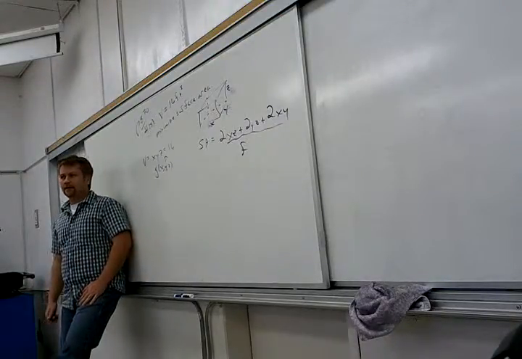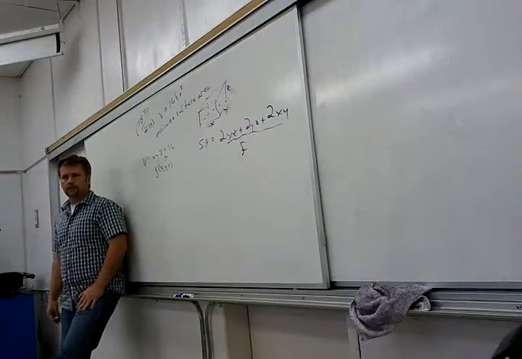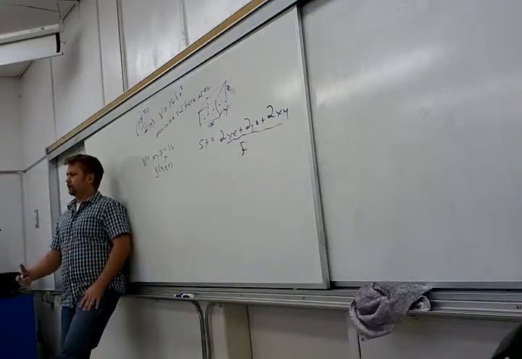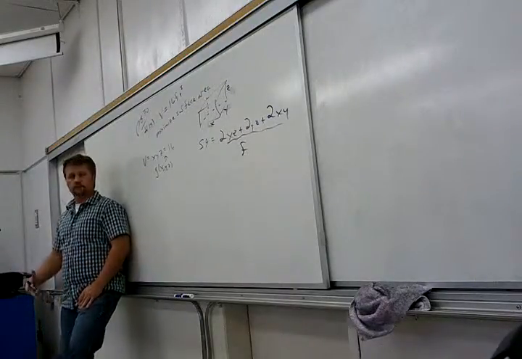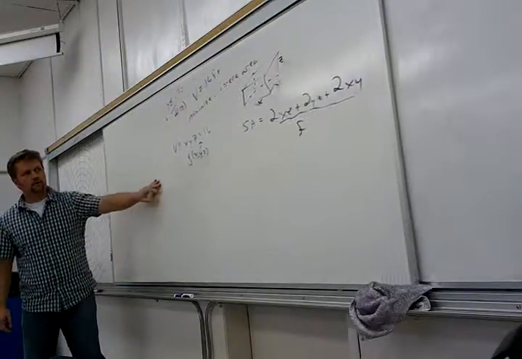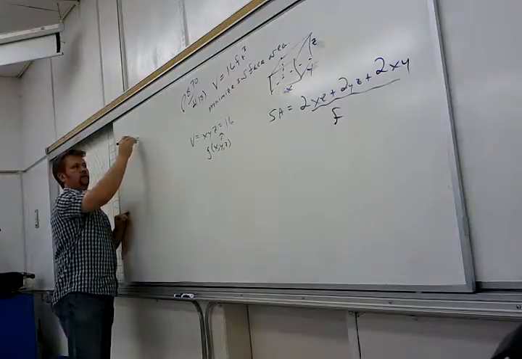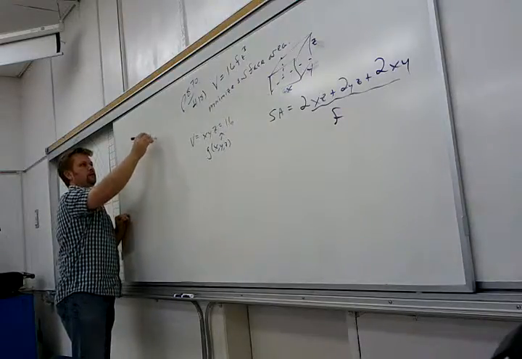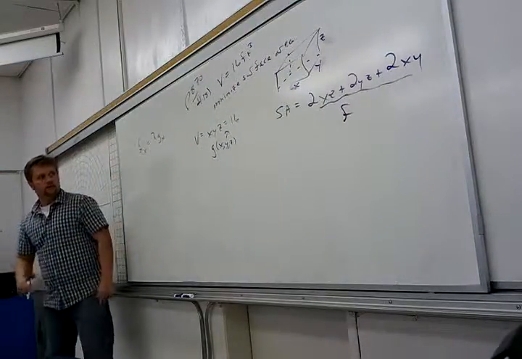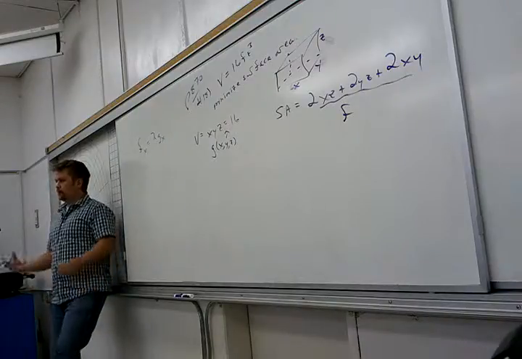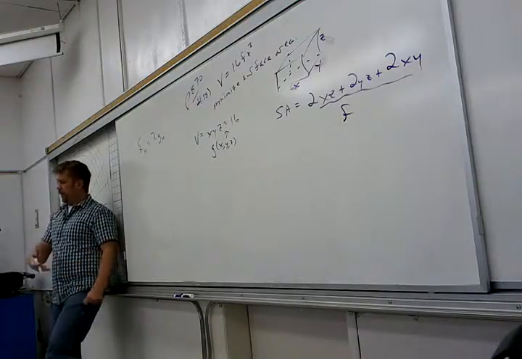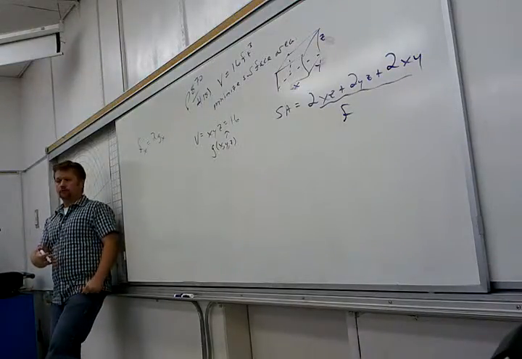So how do I set up my equations? How many equations will I get? Four. So what's the first one here? It'd be fx equals lambda gx. The gradient of one has to equal a lambda multiple of the other.